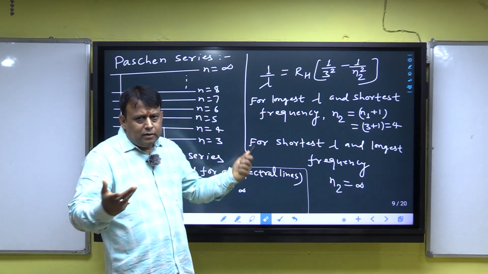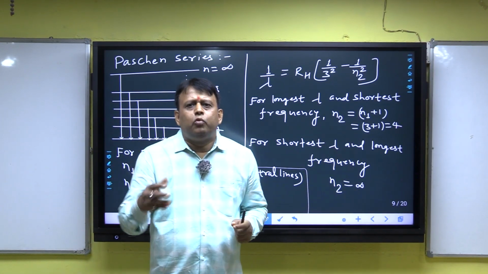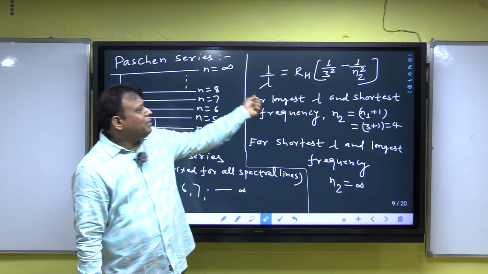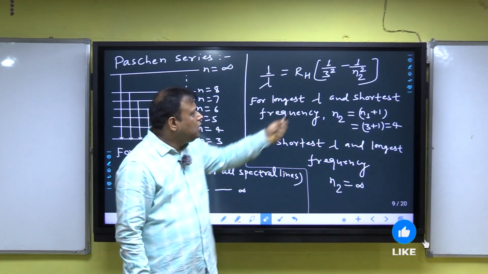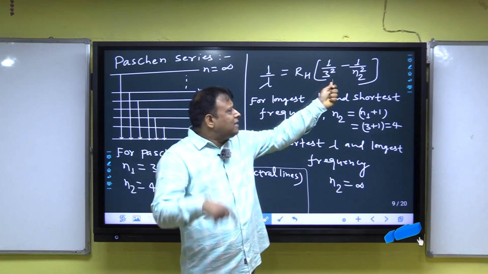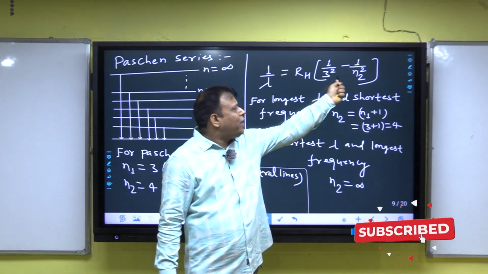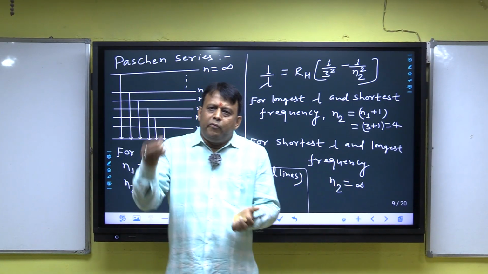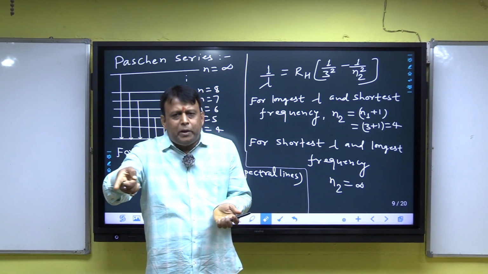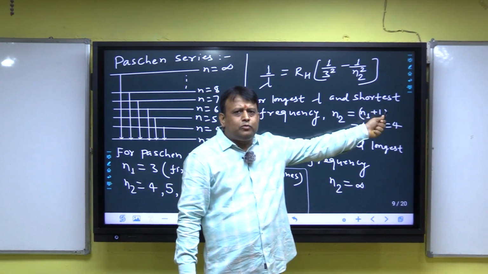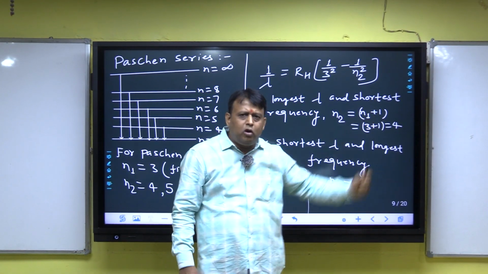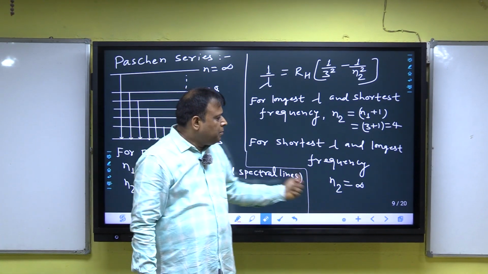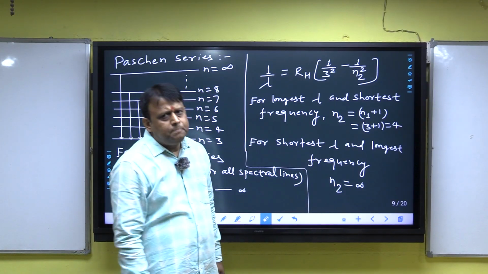And by using the Rydberg equation, we can calculate wavelength, frequency, wave number of any line: 1 by lambda equals RH, which is constant, times 1 by n1 square, where n1 is fixed at 3 for Paschen, minus 1 by n2 square. For longest lambda, shortest frequency, n2 is equal to n1 plus 1, so for Paschen series, 3 plus 1, which is 4. And for shortest wavelength and longest frequency for any series, n2 is equal to infinity.